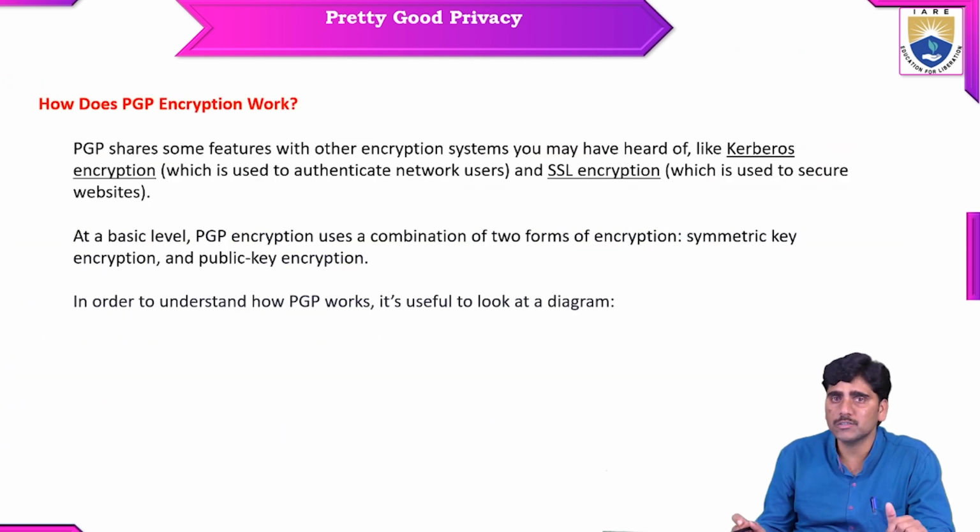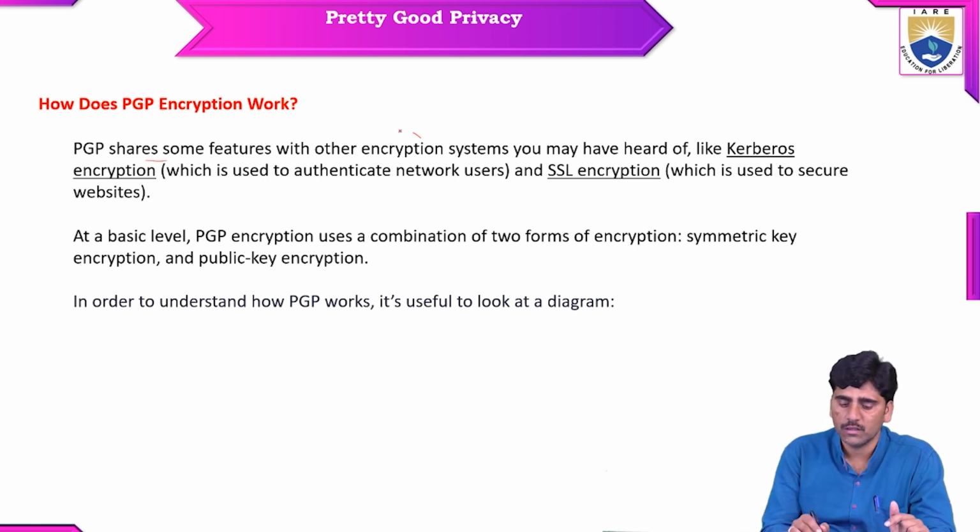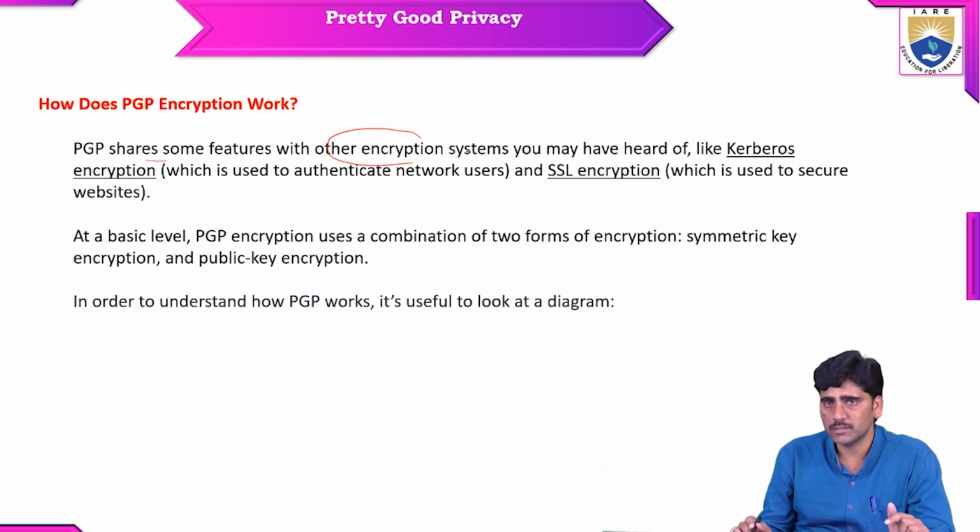And how does PGP encryption work actually? We already said that PGP is an encryption system with which we can write mails and encrypt files securely, confidentially, and privately. But how does PGP actually work? PGP shares some features with other encryption systems.